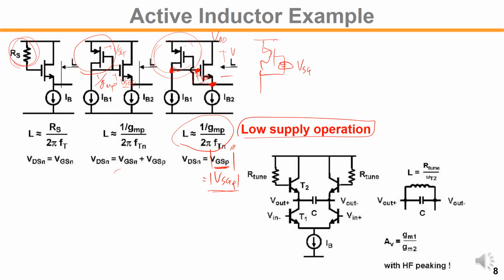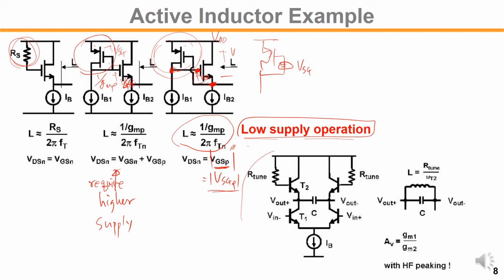In the other case we have two voltage drops, one VSG and the other VGS voltage drop, so it requires a higher supply. But in the third example, it requires a lower supply, which makes low supply operation possible.